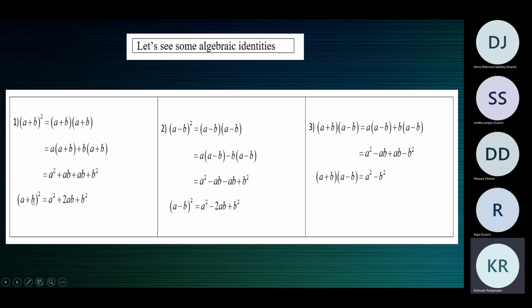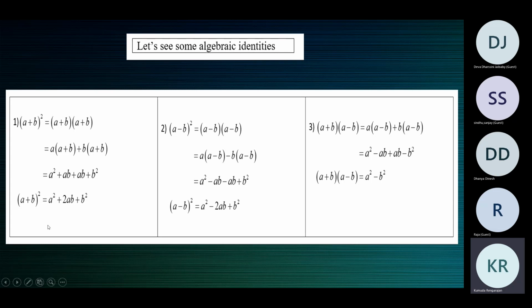Now we have the variables A and B here, so it's called an algebraic identity. An algebraic identity is an equality which is true for any value of the variables involved.